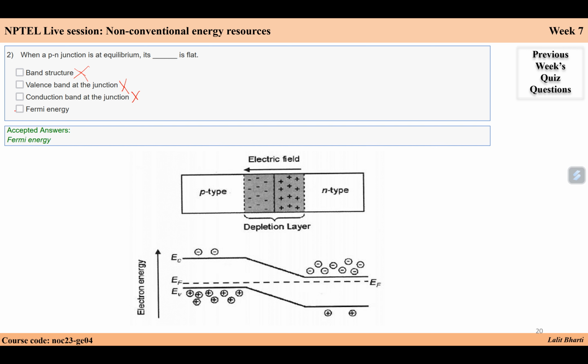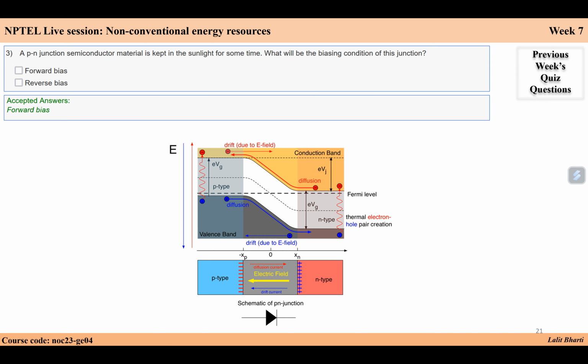Only the Fermi energy level gets flat, because bending happens to match the Fermi energies. So the Fermi energies of both will match and get flat, and both the conduction band and valence band will bend, as well as the whole structure. So the fourth is correct. We'll see the next question.